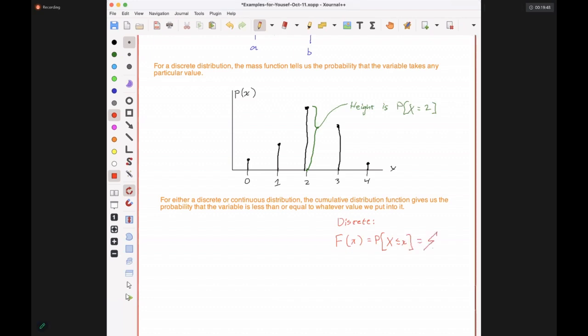And this is the sum over all xi less than or equal to x of the probability that x is equal to x, which is our mass function.